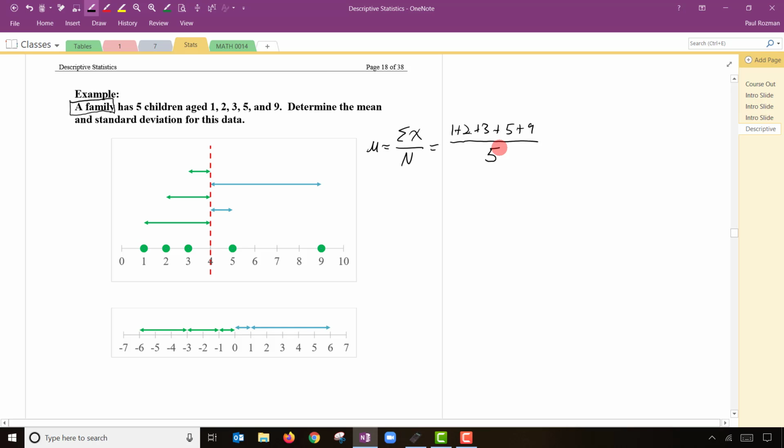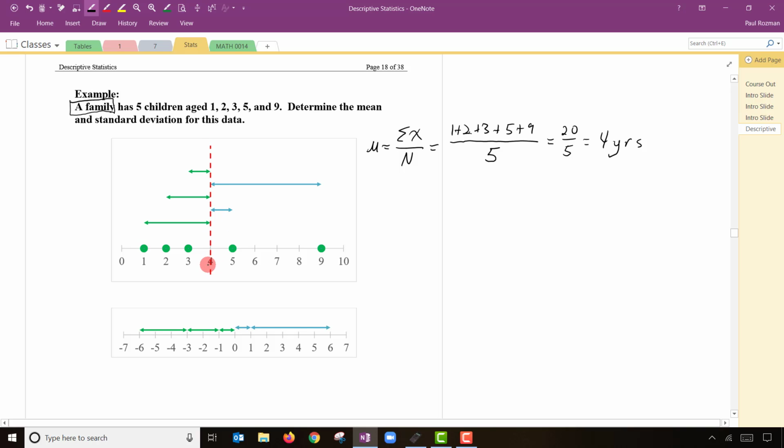Divide that by 5. So we calculate this out. I picked nice numbers there for these kids' ages. It's 20 divided by 5. So on average, a kid is 4 years old in that family. And I plotted that on the number line here as this dotted line.